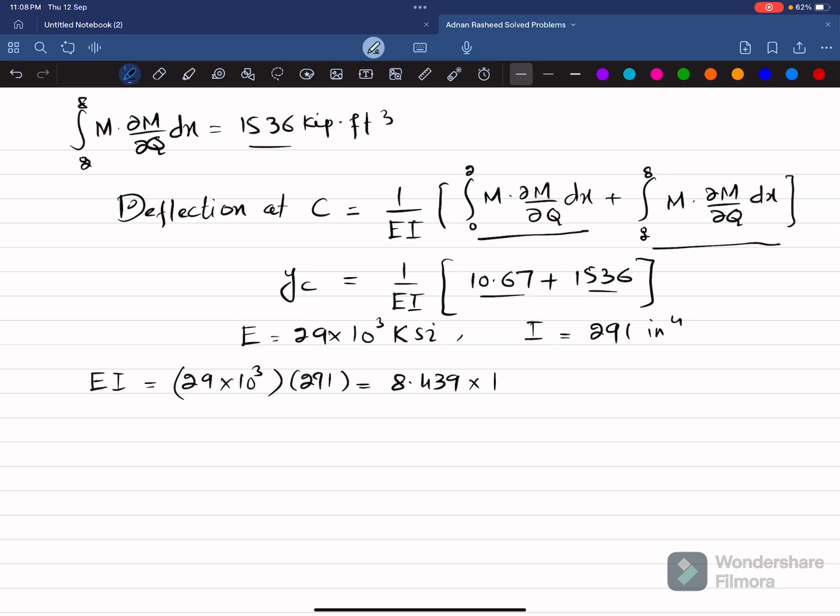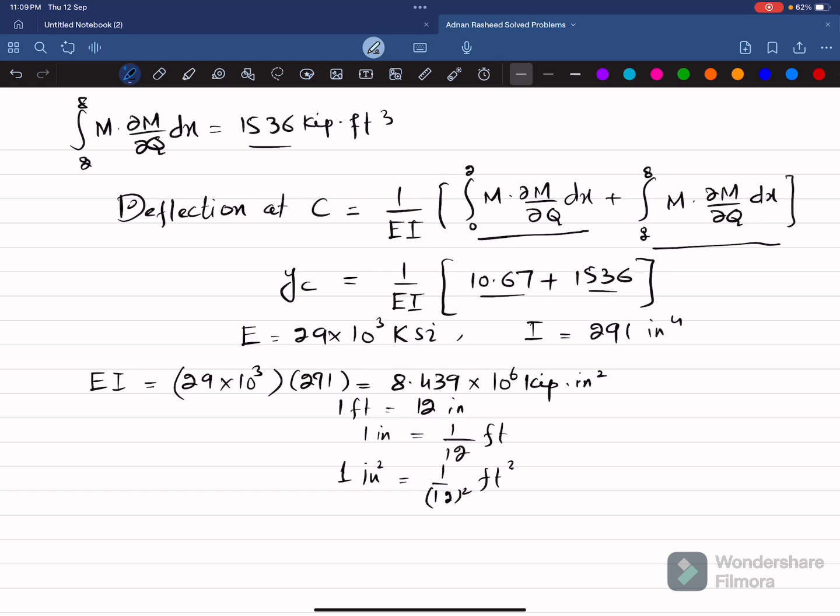That will give you 8.439 into 10 raised to power 6 kip into inch square. We know that 1 foot is equal to 12 inch, so 1 inch is equal to 1 over 12 feet. So it is squared: 1 inch square is equal to 1 over 12 square into square feet.